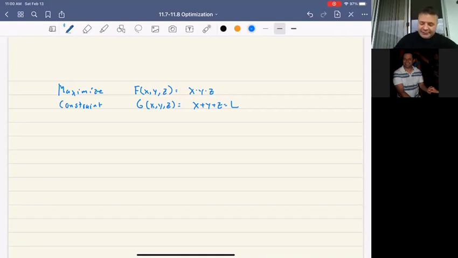So let's take our gradient of f equals lambda gradient of g.